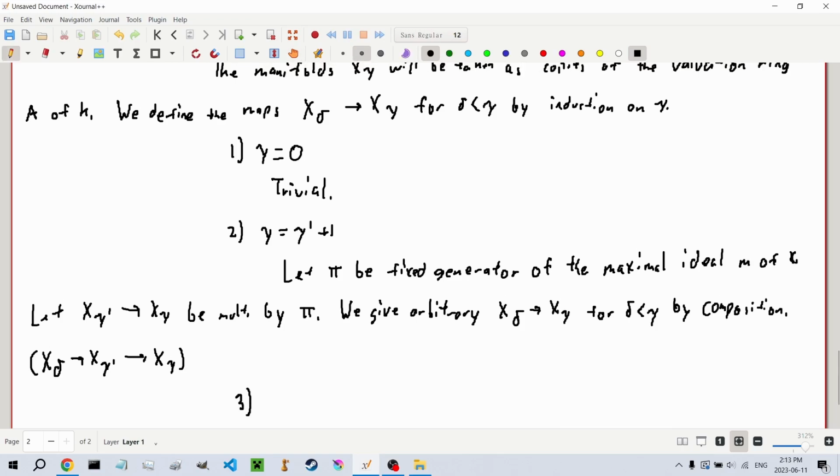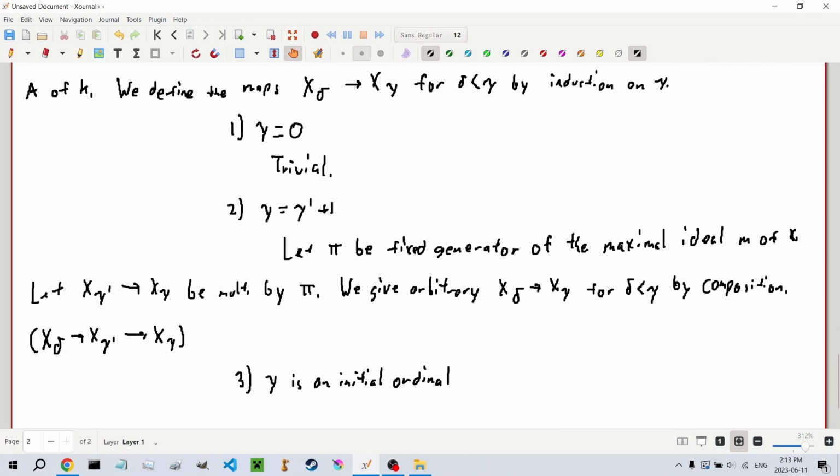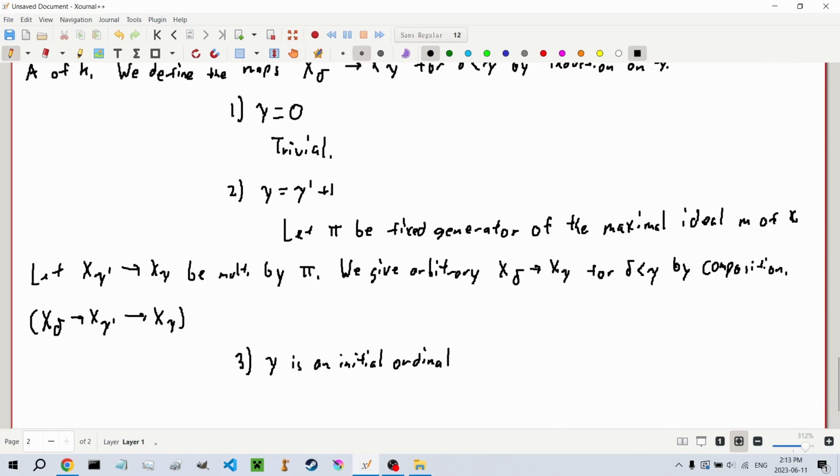And third, gamma is an initial ordinal. I'm guessing it's going to be non-zero in this context too. So this is our transfinite induction case.